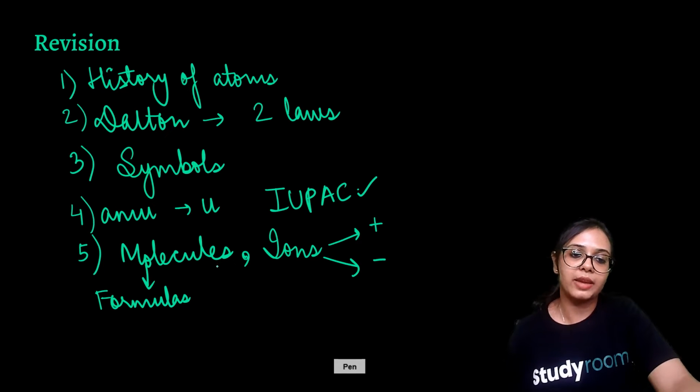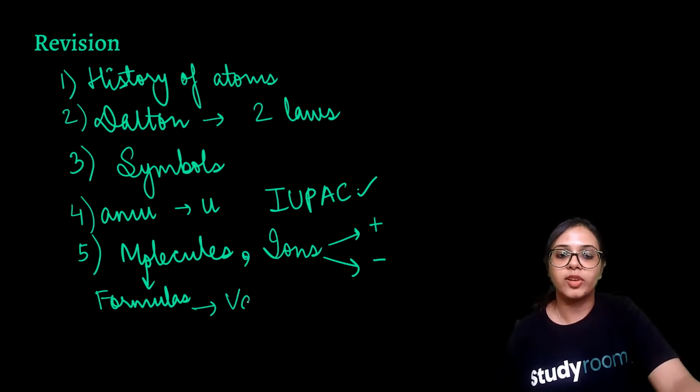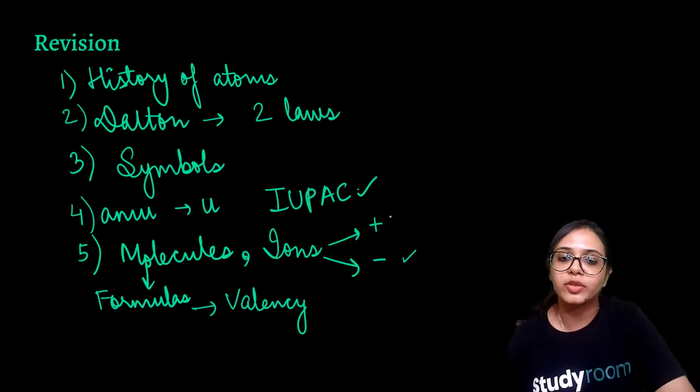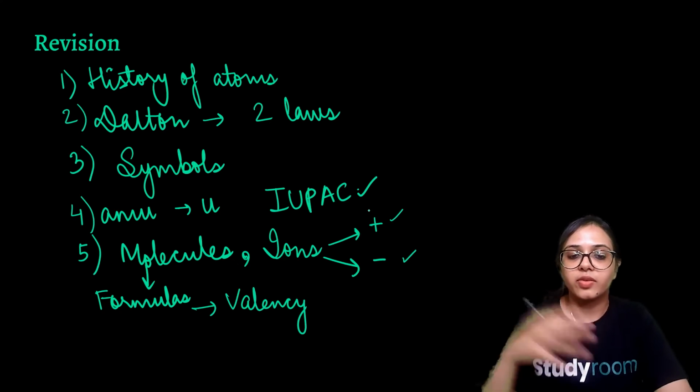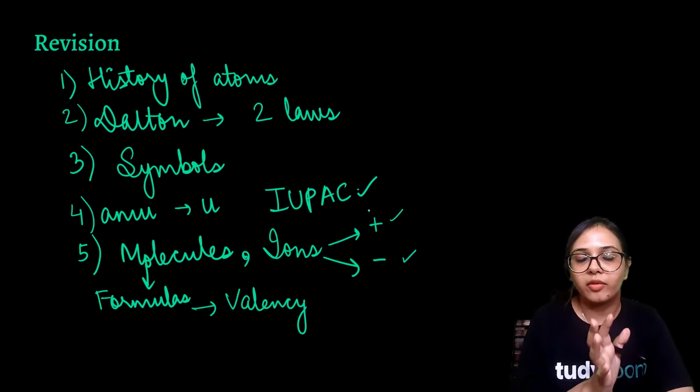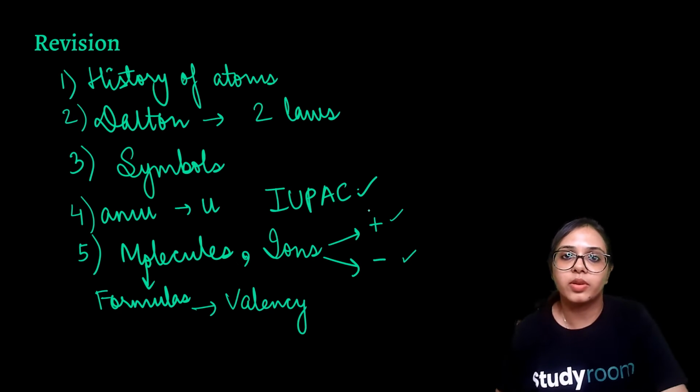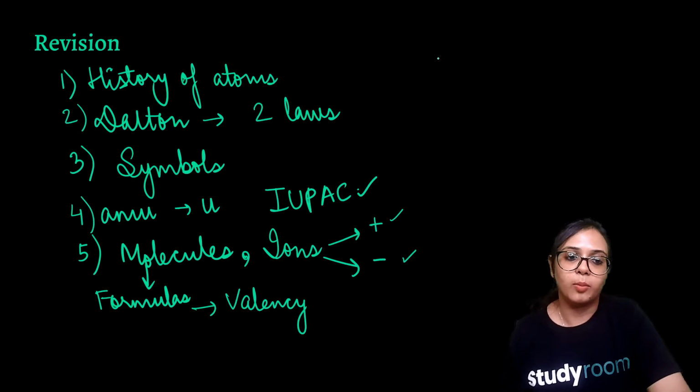We do that by finding out its valency. Valency is basically the excess of electrons, or the deficiency of electrons that a particular atom or ion has, and by crisscrossing, by the transfer of that valency, we attain the formula. That is basically the visual representation of the composition of molecules.